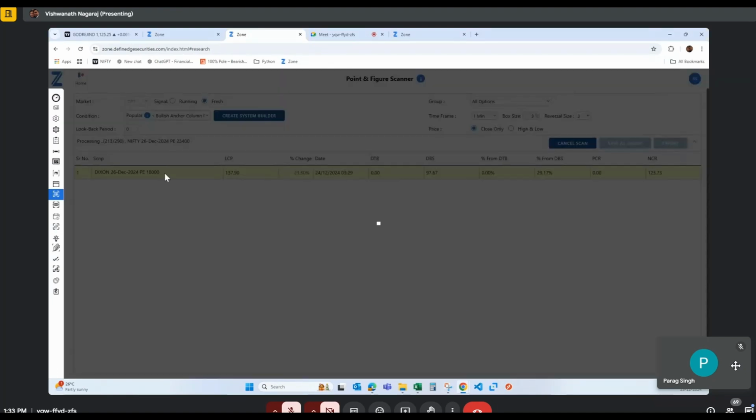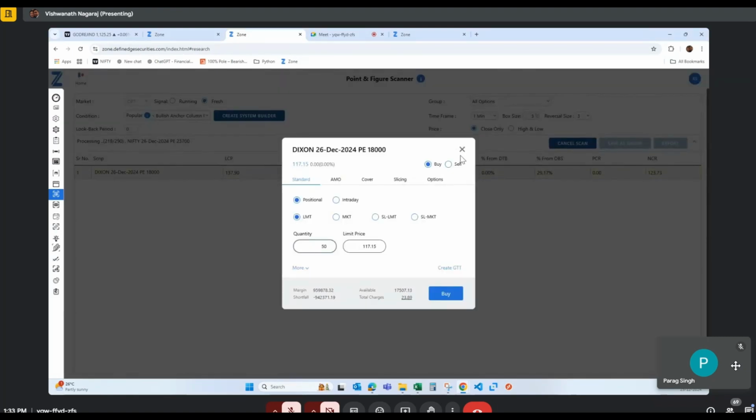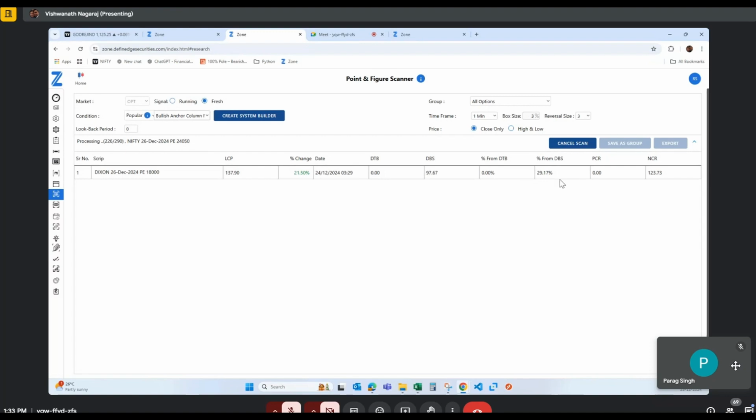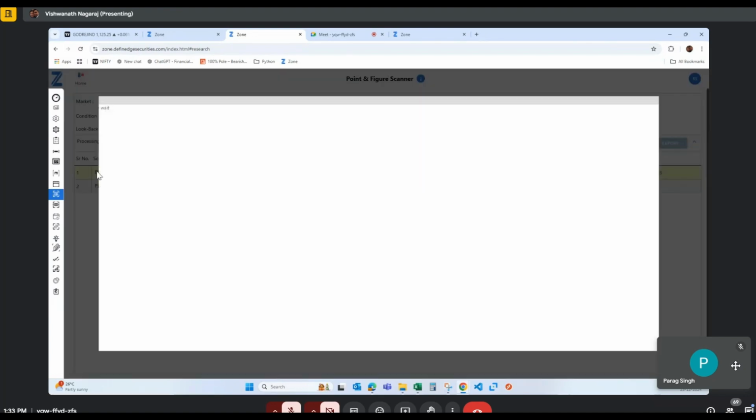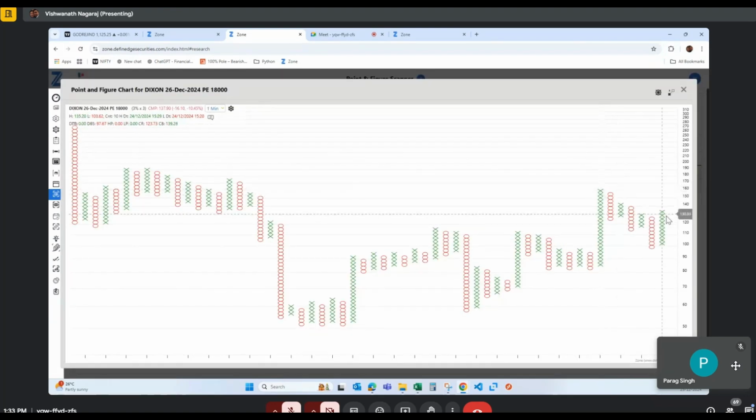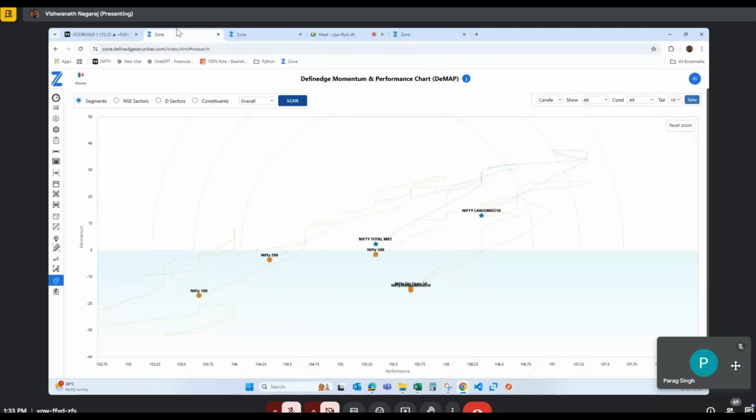I want to see what the 50 into 50, 2,500 rupees loss is. Can I accept that loss from here or negative column reversal? Do I need it? So here, 50 points. Can I take that 50-point loss? Of course, I can take it because it's a nice anchor column follow through. You will get a fantastic risk reward on this.